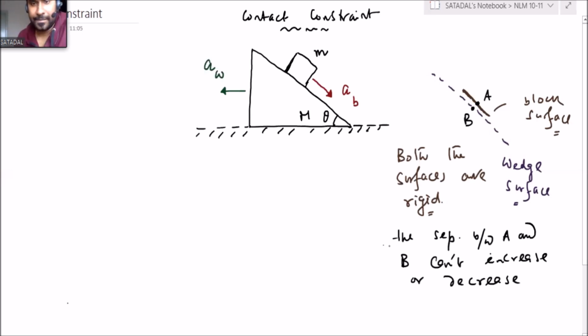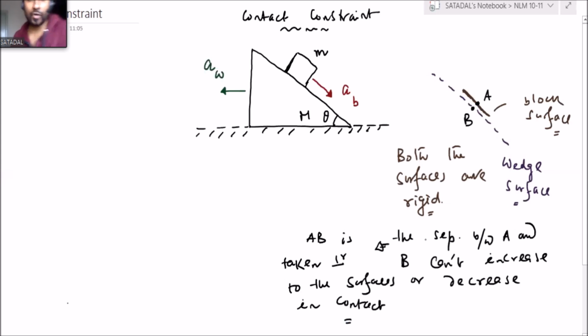Is it okay? And AB is taken perpendicular to the surfaces in contact. I hope this point is clear.